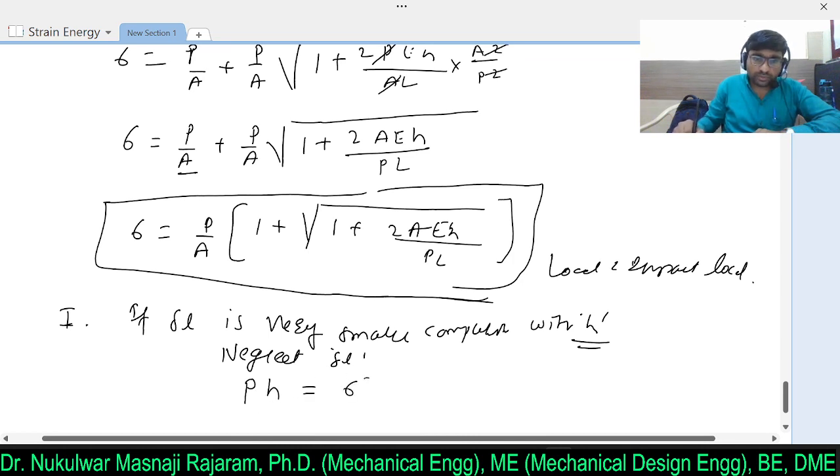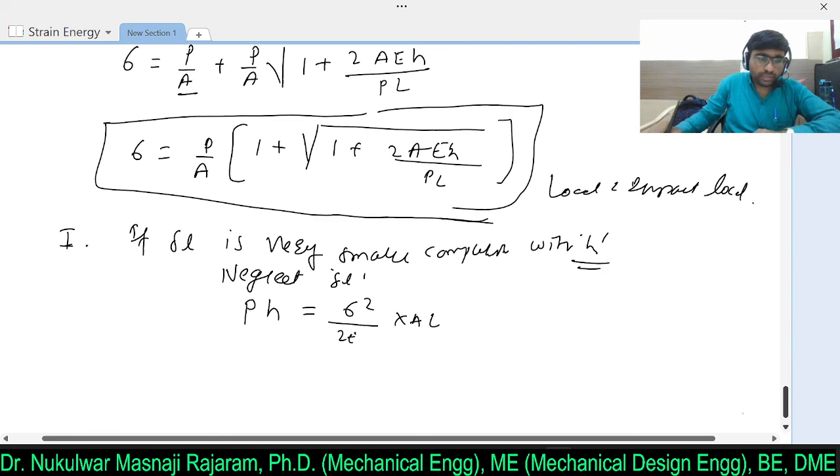So that will be equal to sigma square divided by 2E, that is strain energy, into AL.